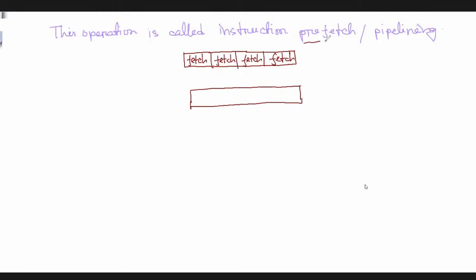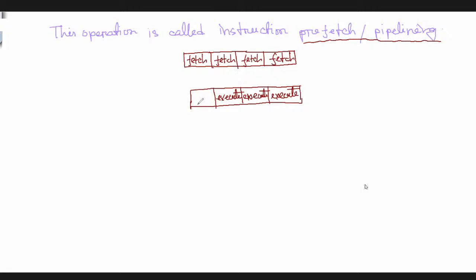So this is called instruction prefetch or pipelining. The execution unit performs the instruction, or you can say execute.